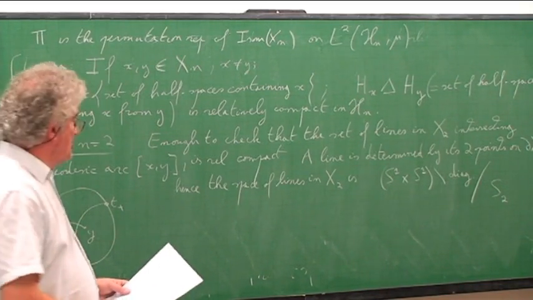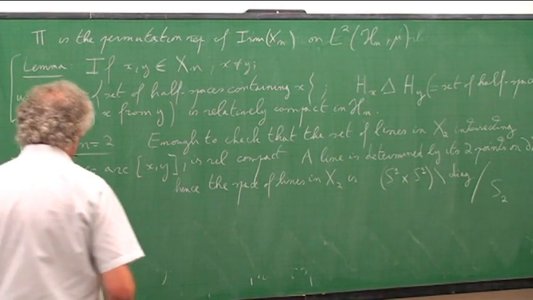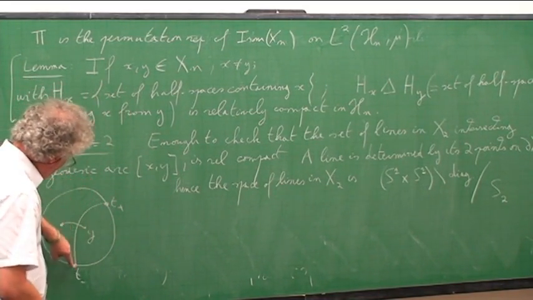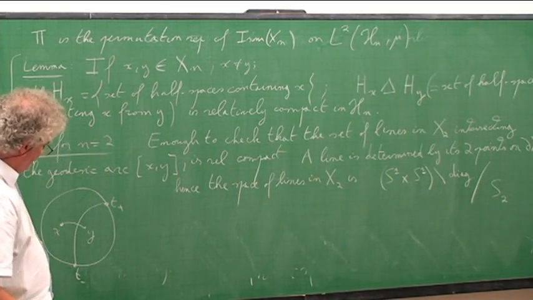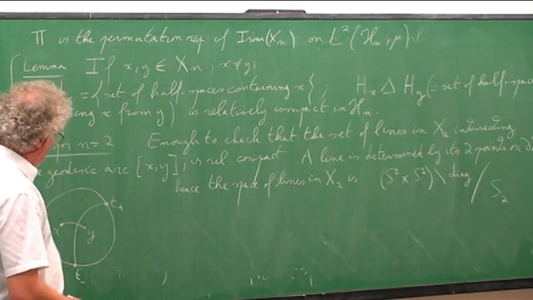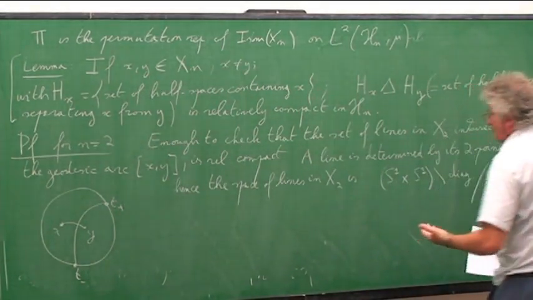And the point is that we want to see that the set of those lines which intersect that arc is relatively compact.